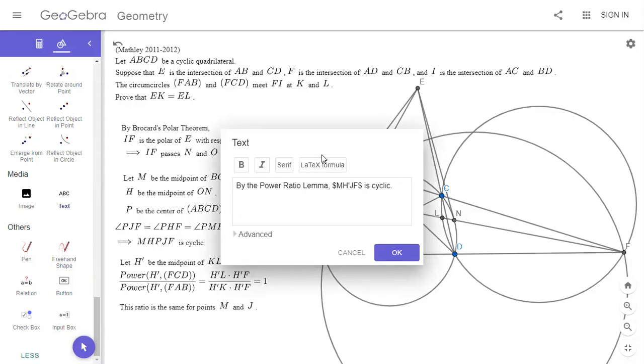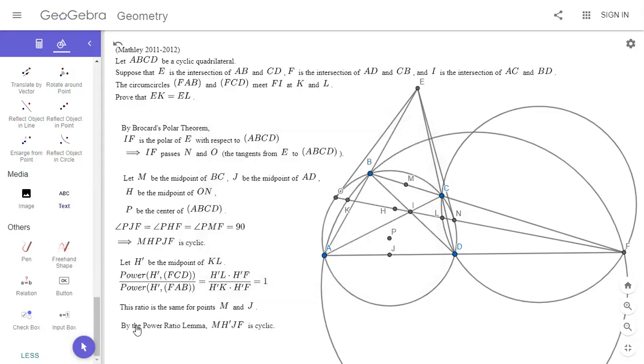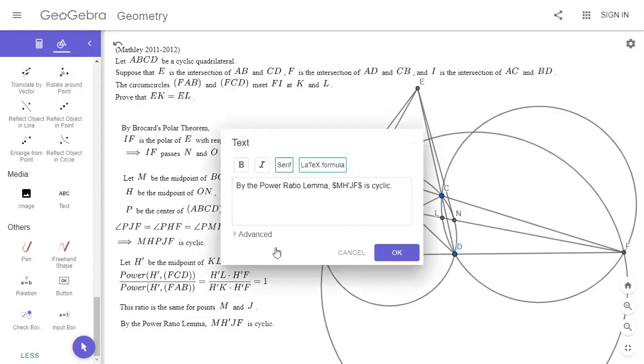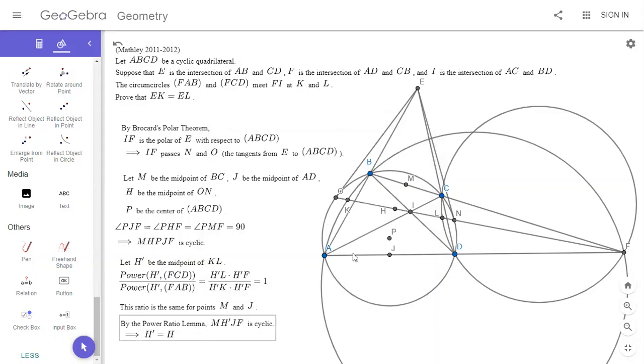So that means that H prime equals H. And that means ON and KL have the same midpoint.